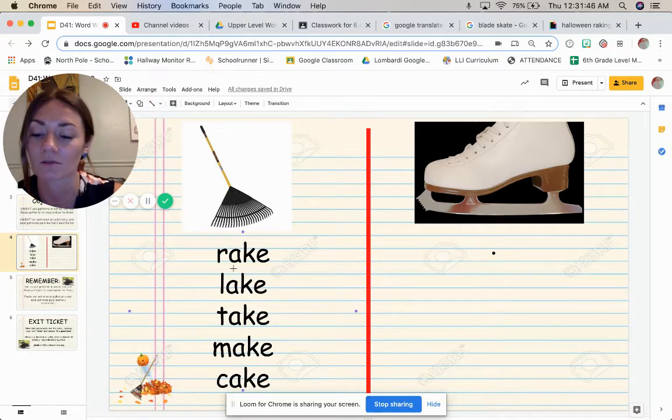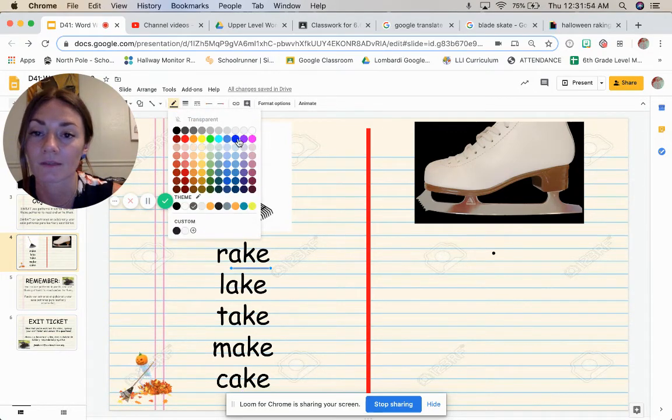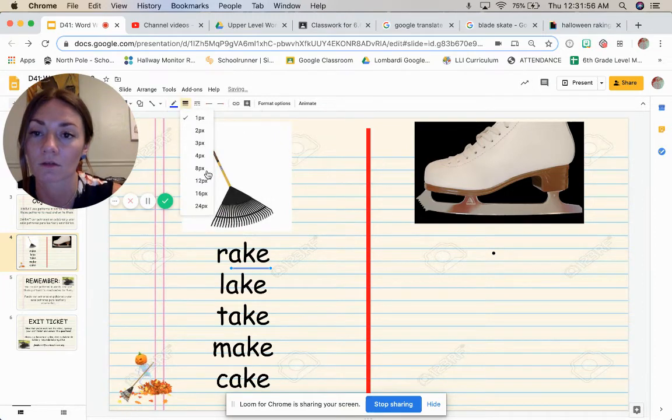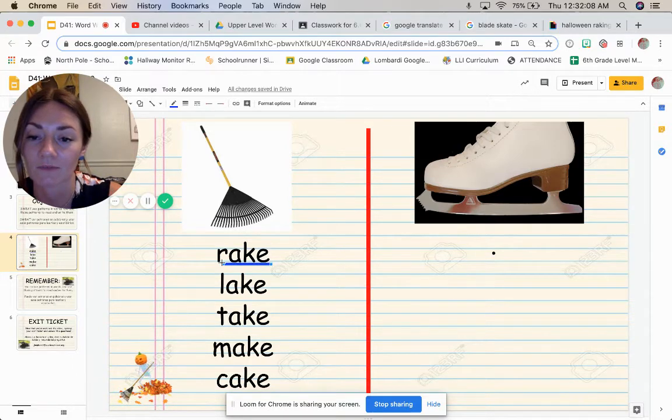I'm going to underline that word part. Let's see, let's make it blue. So we know this word part that we just learned today. The A-K-E. There we go.